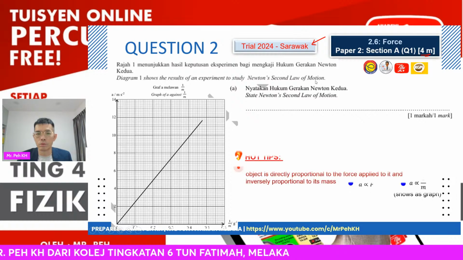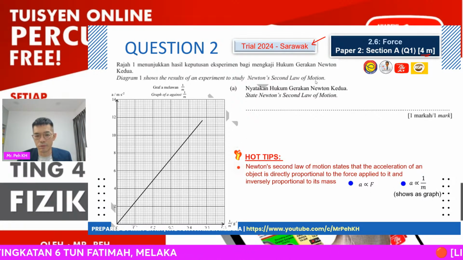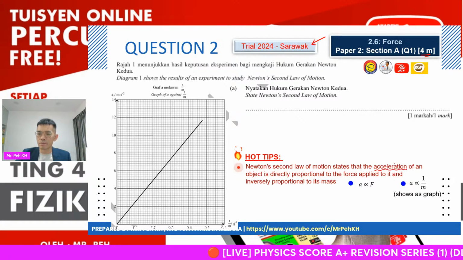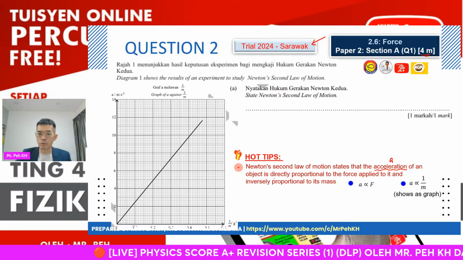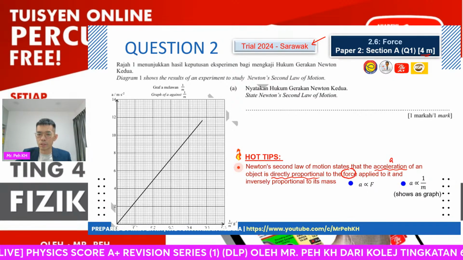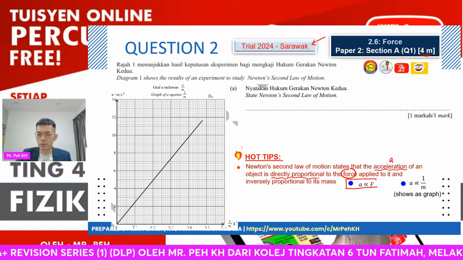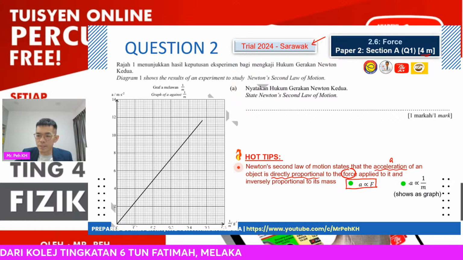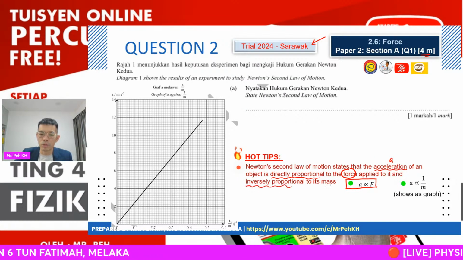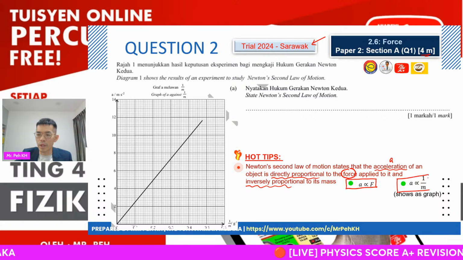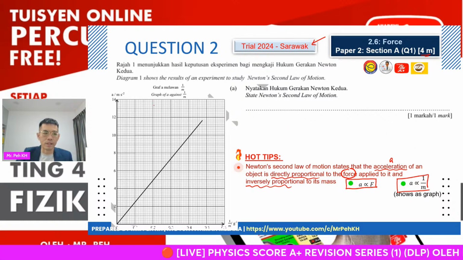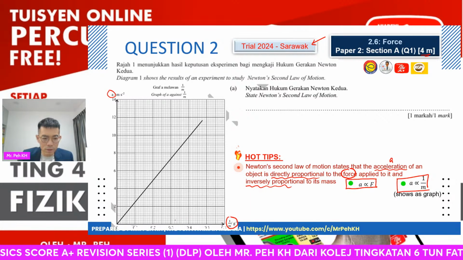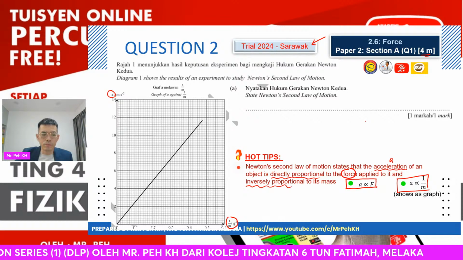Here you need to understand what Newton's second law of motion is. The law states that the acceleration a of an object is directly proportional to the force F. Second, the acceleration is inversely proportional to its mass, which is shown by the graph of a against 1 over m.